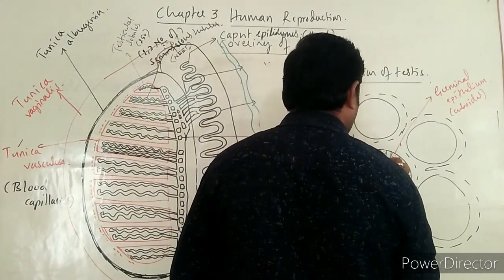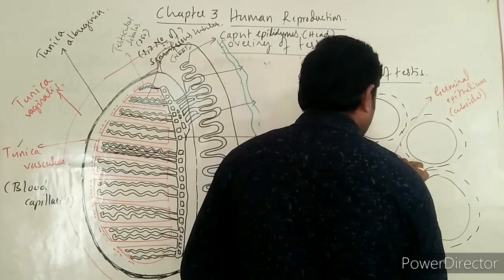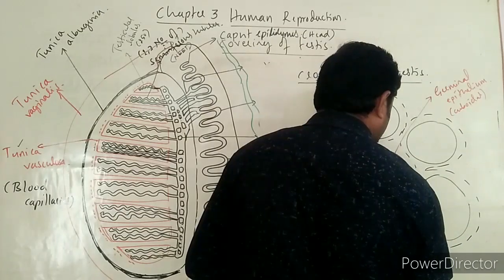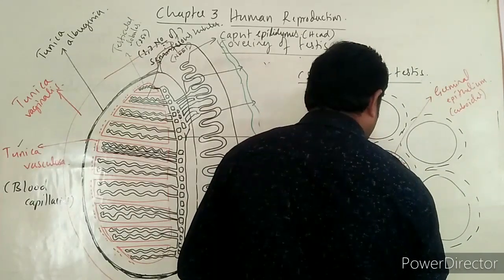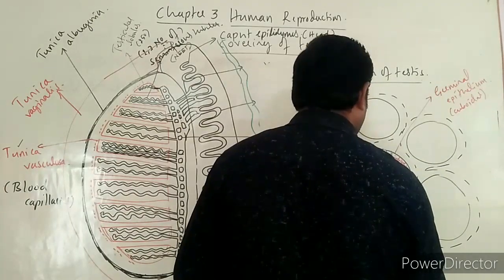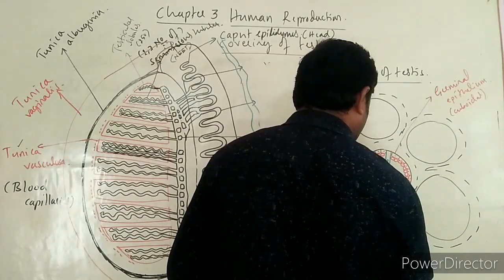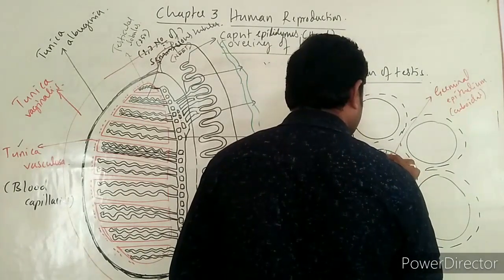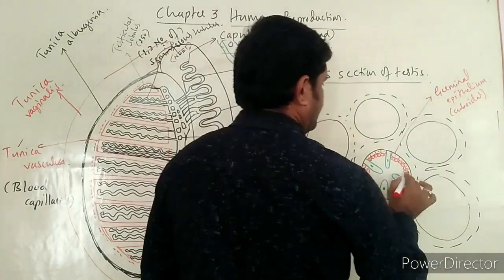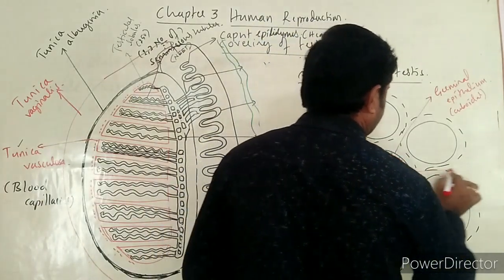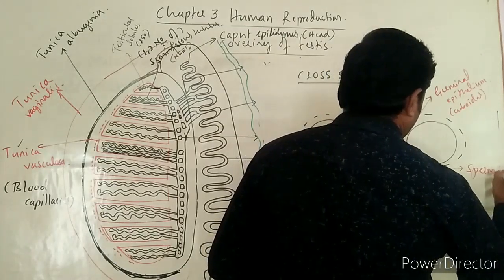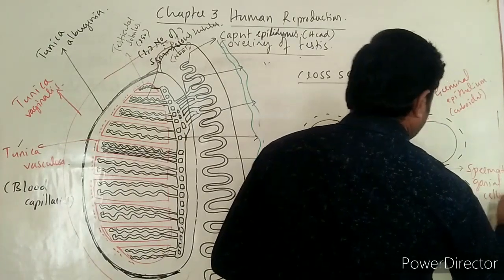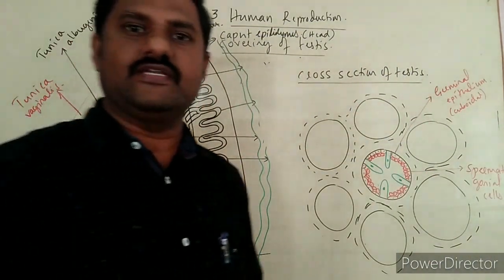Those specialized cells are known as sperm mother cells, we can say. Why? Because they are going to form the sperms in future, and those cells are named as spermatogonial cells. They are called spermatogonial cells.